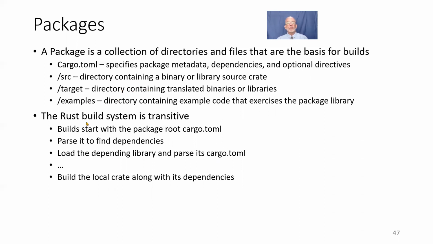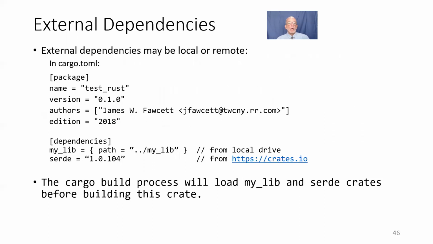The Rust build system works transitively, so each Cargo file can have multiple dependencies, and as I branch out, each dependency, for example this dependency to mylib, just goes to another directory where there is a Cargo file. It doesn't go down into the target directory where the library is. It goes to the directory where the Cargo file is for that library.